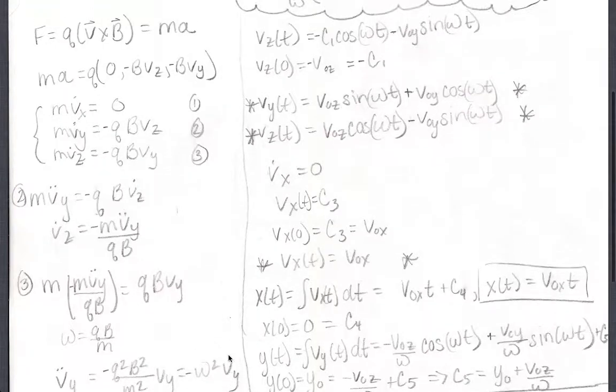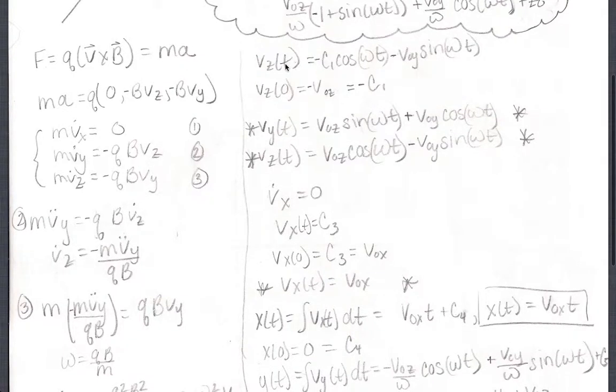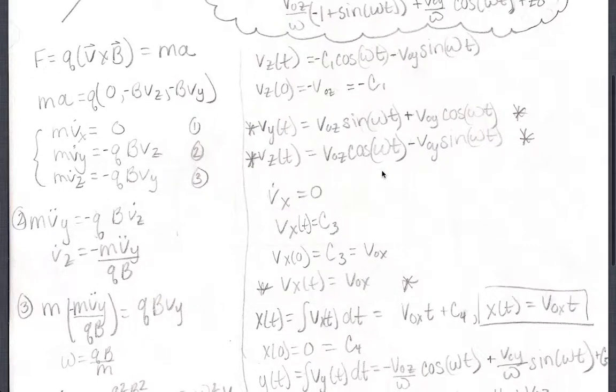And going back up here, we get this expression for vz of t, and then we can use the initial condition for vz of 0, which is negative v naught z, equals negative c1. So that solves the c1 constant for both vy and vz. So rewriting them, we get these expressions for these velocities.